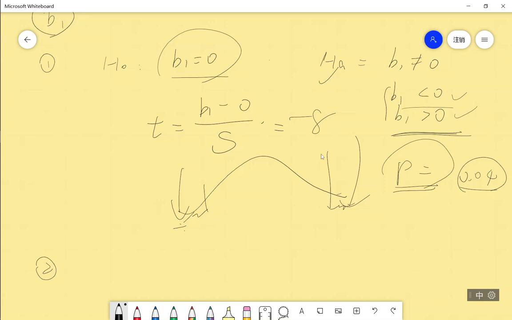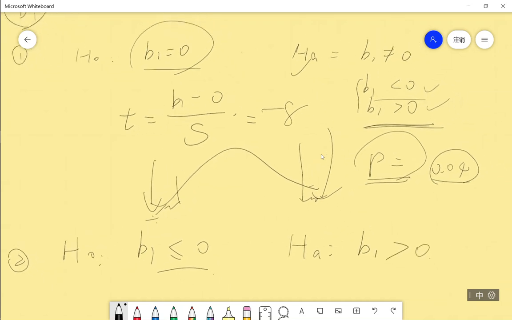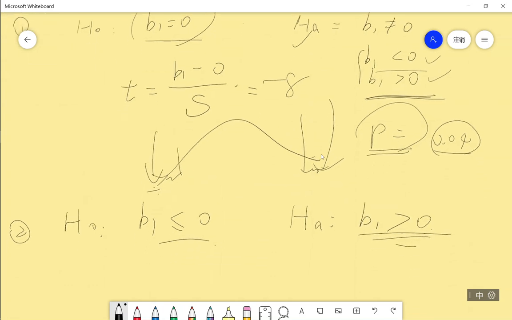If I change the hypothesis a little bit, so I use the null hypothesis of B1 less than or equal to 0, then the alternative hypothesis will be B1 greater than 0. In that case you only have a one-tail test, because you only get the right tail. The tail is the same as the alternative hypothesis, so we're just talking about the right tail of it.